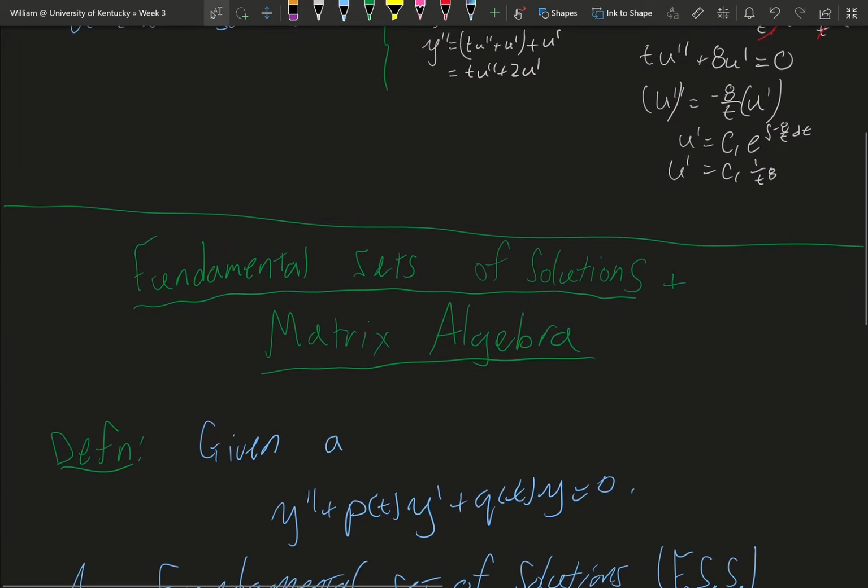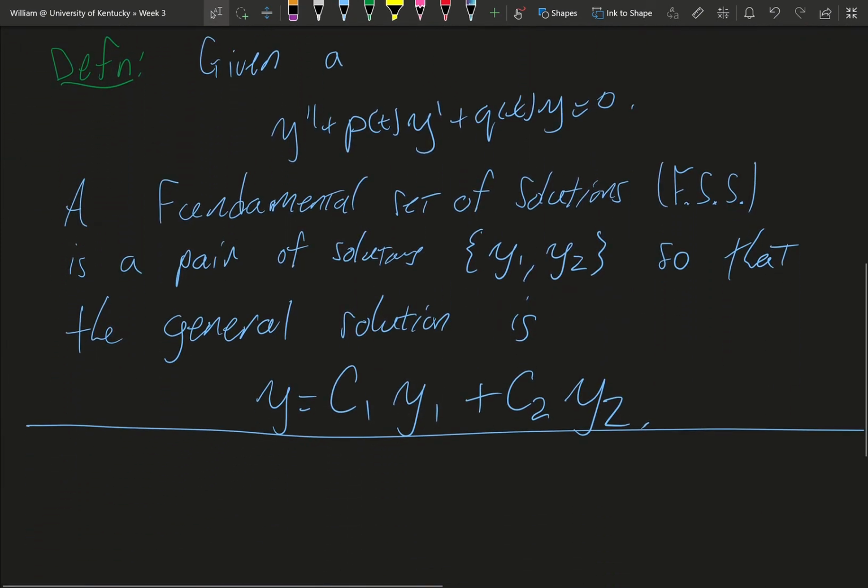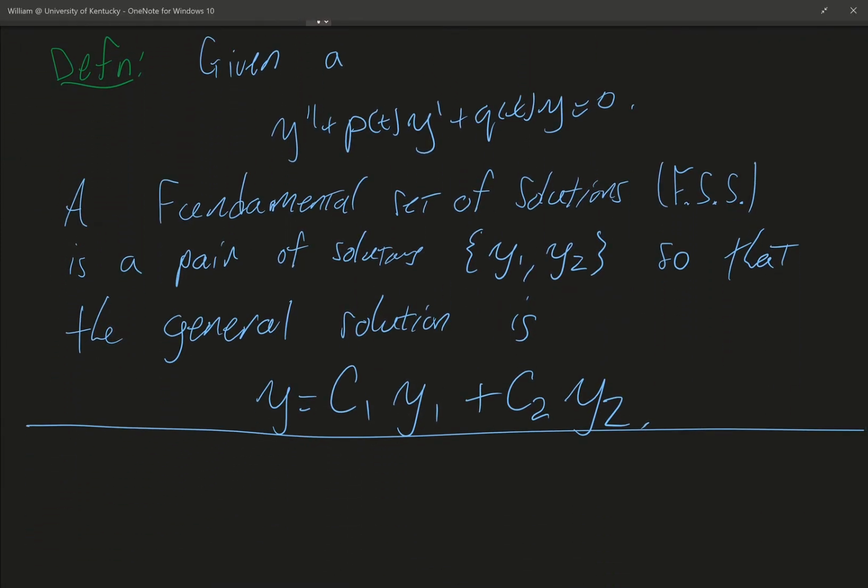So as we'll sort of see by the end of class today, every equation of this form is going to have a fundamental set of solutions. And we're going to have a test to identify or verify that a given pair is a fundamental set of solutions.